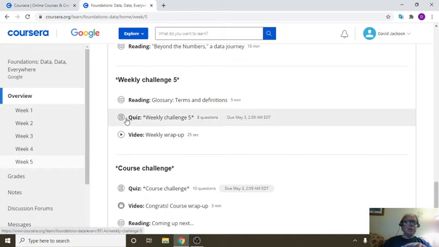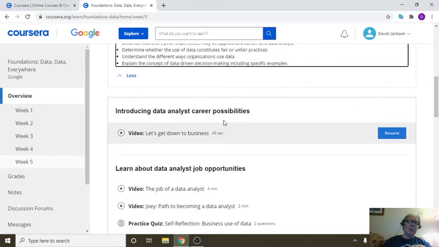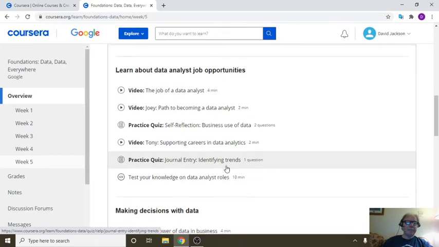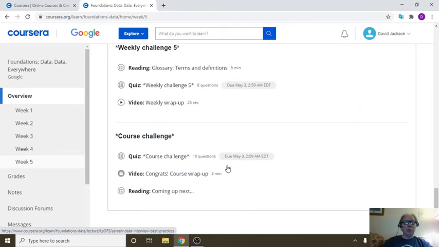Now, I want you to notice, even though you've already been introduced to spreadsheets and query language in the previous week, in week 5 you don't actually appear to be using that skill for any of the practices. It's just sort of interesting, but I'm sure they know more about how to organize their material than I do. So there's a very brief introduction to what to look for.